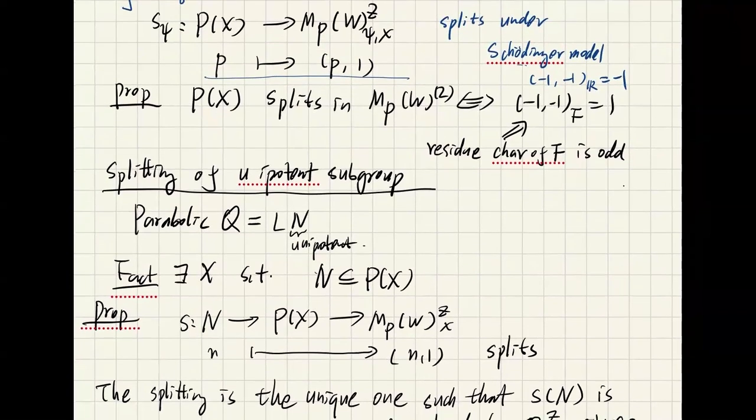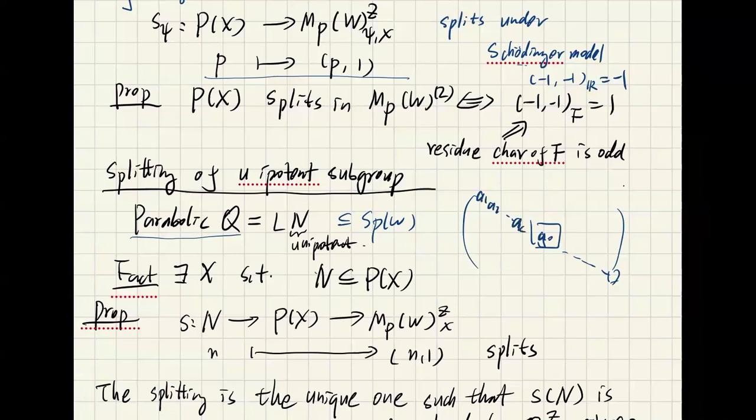So that's another interesting case of splitting, for the unipotent subgroups. If you take an arbitrary parabolic subgroup inside Sp(W), this parabolic subgroup will look like block matrices A1, A2 to Ak, and some G0, and the lower part will be determined by A1 to Ak: Ak inverse star, up to A2 inverse star, A1 inverse star.